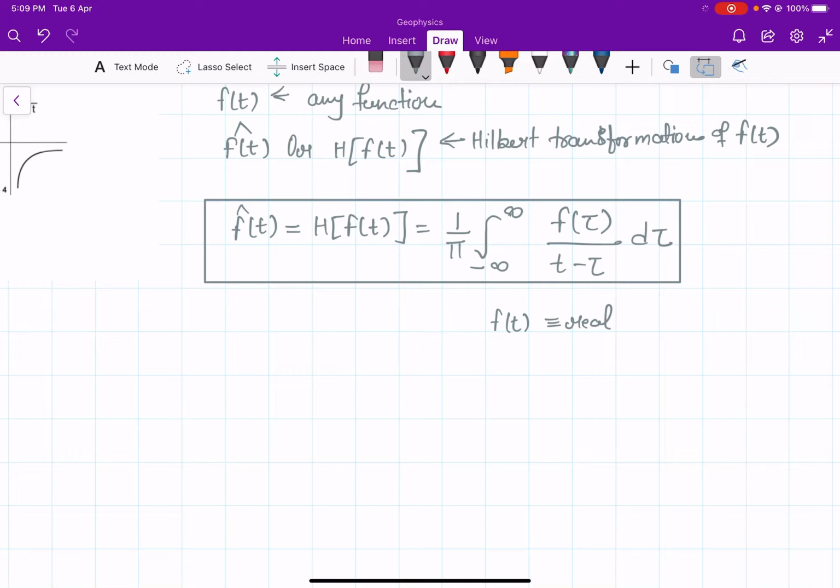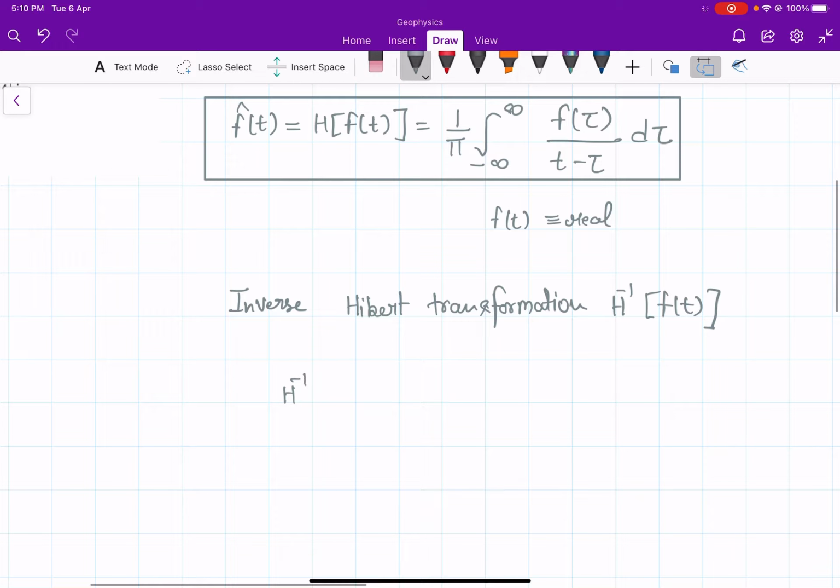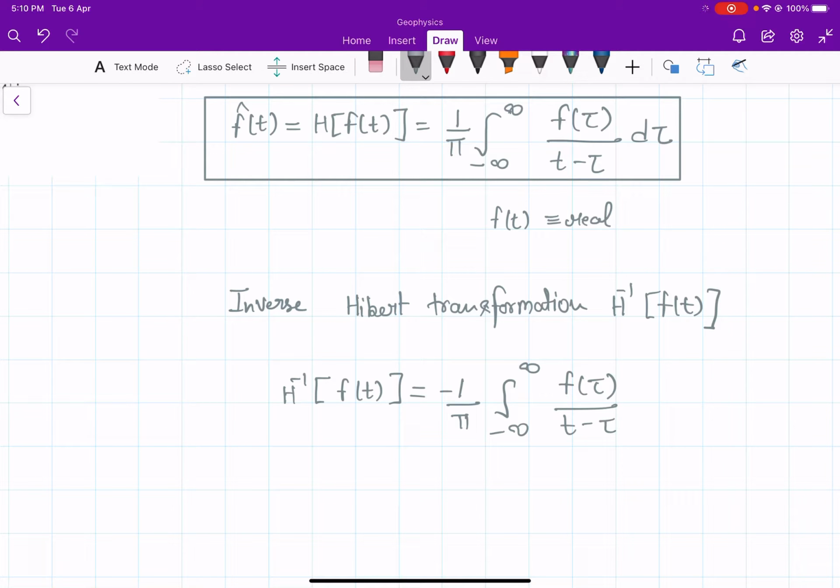Similarly, the inverse Hilbert transformation is denoted by H inverse of f(t) and is defined as minus of 1 over pi, integral from minus infinity to infinity, f of tau over t minus tau, d tau.